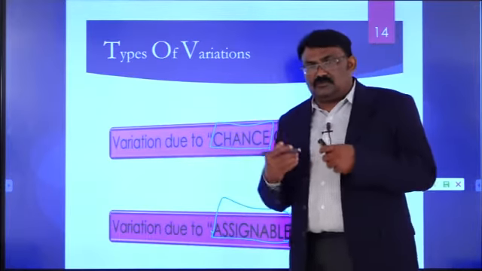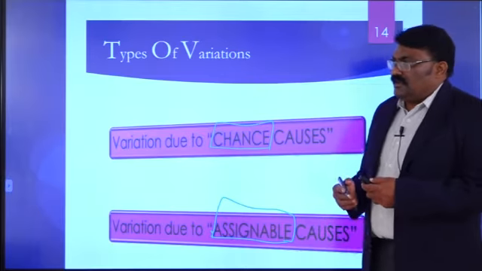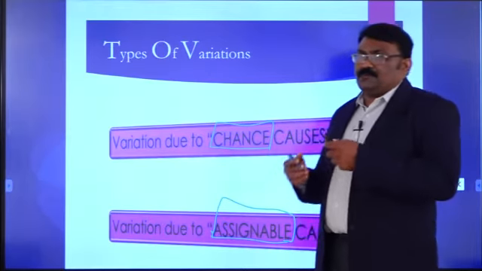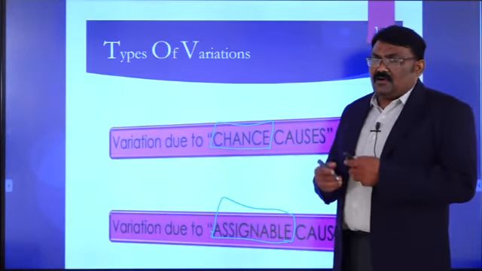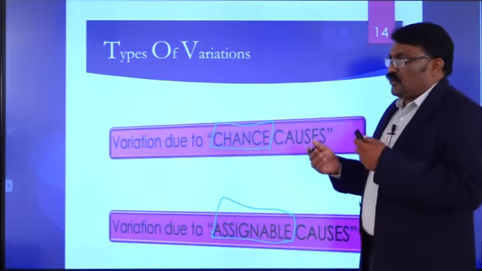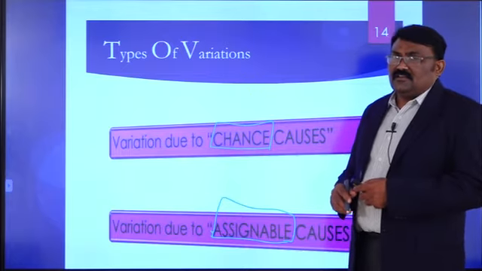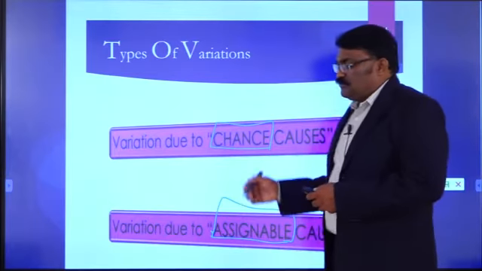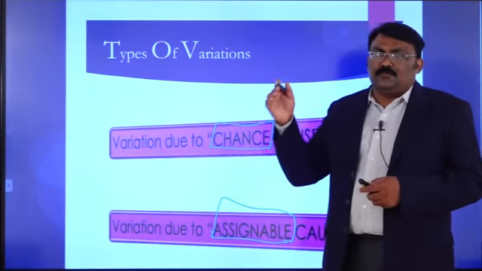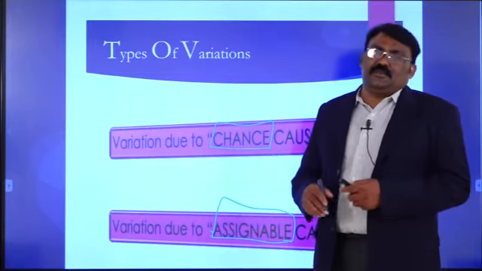Chance cause is mostly not in our control. It is due to some peculiar reasons which cannot be brought under control. For example, sudden failure of a machinery will lead to the quality of the product dropping suddenly.